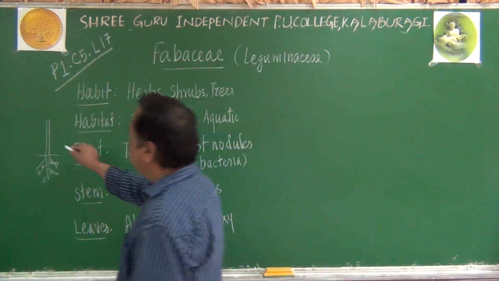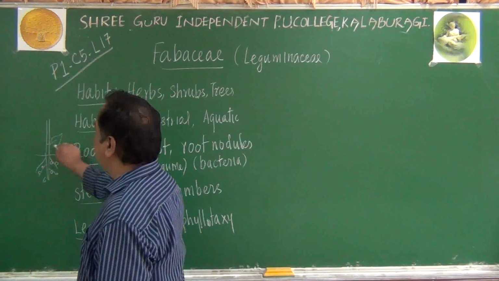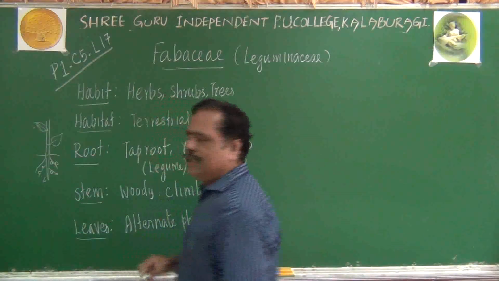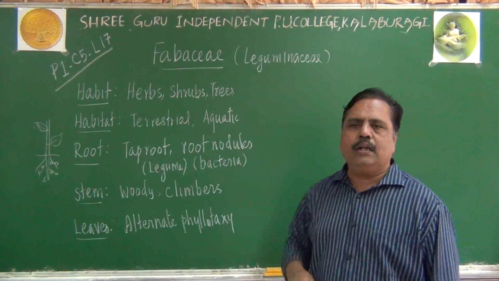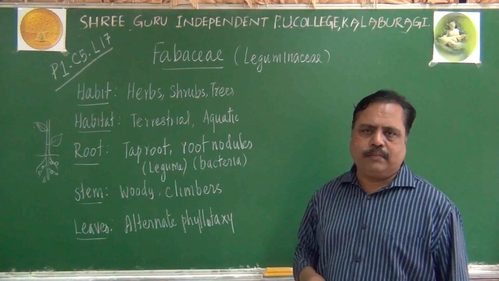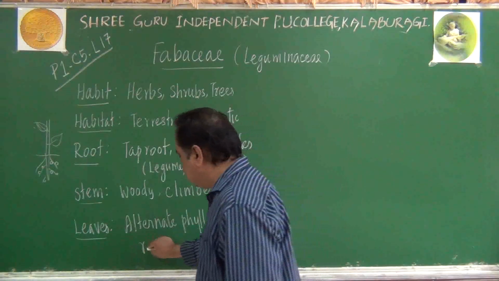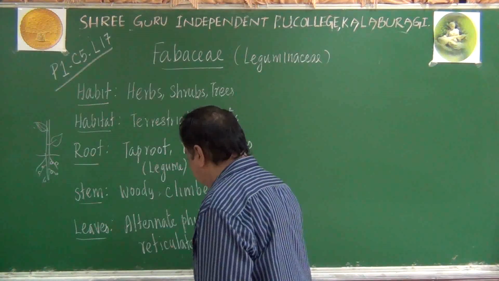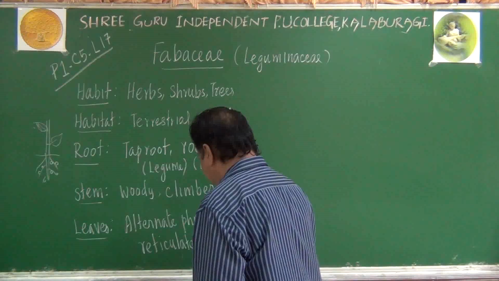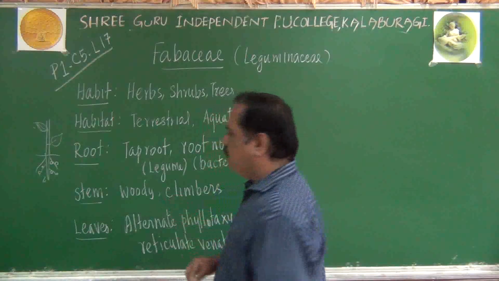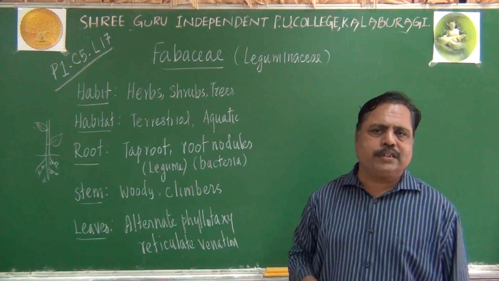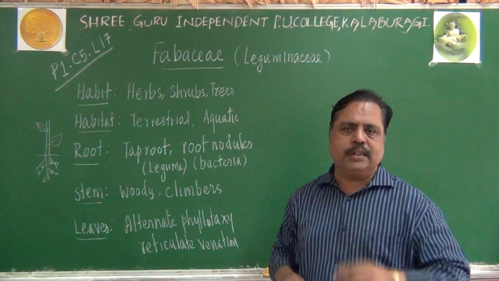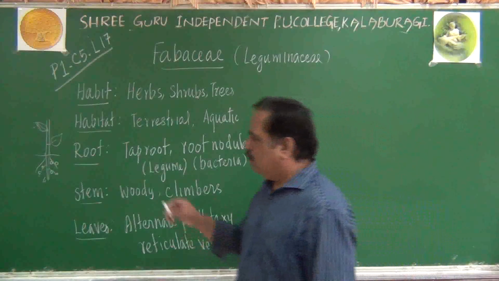In the stem, one node will be having one leaf, another node will be having another leaf. Like this, they are present, it is called alternate phyllotaxy. Venation of this leaf will be reticulate venation. What is reticulate venation? Network-like arrangement of veins will be present here.